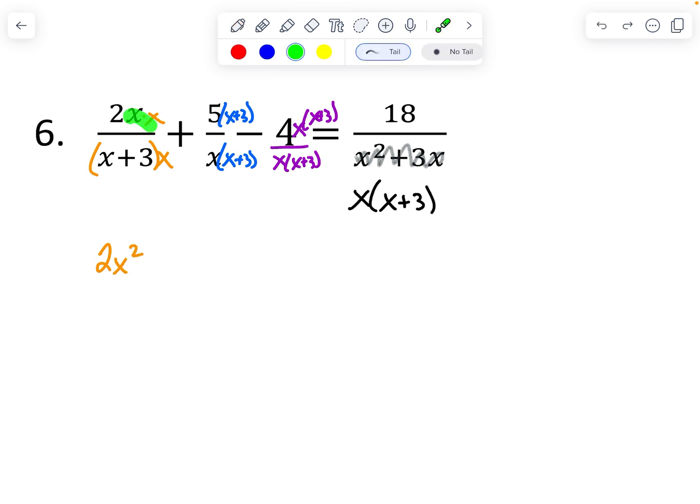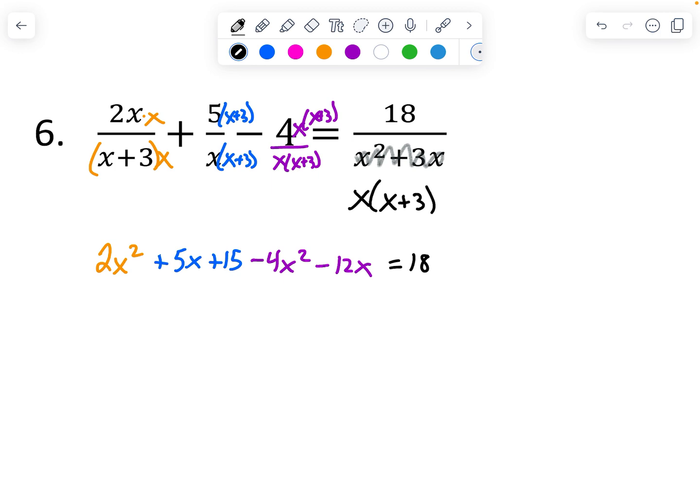Distribute the 5 in the blue, giving us plus 5x plus 15. Distribute negative 4x to both of these. So it's minus 4x squared minus 12x, and then equals 18.